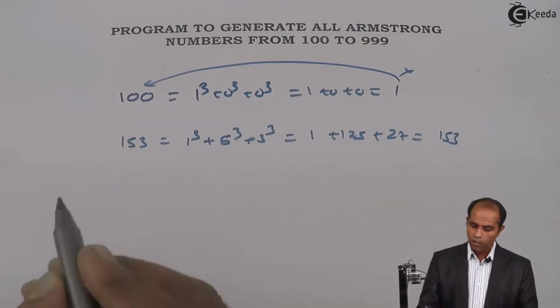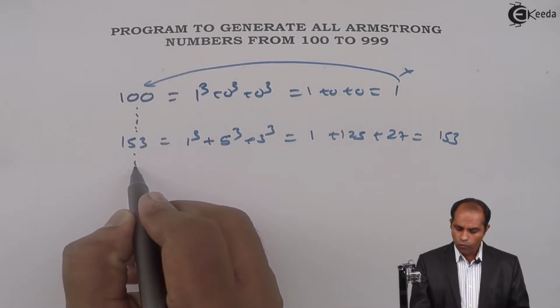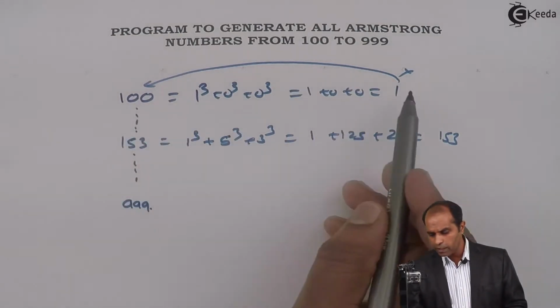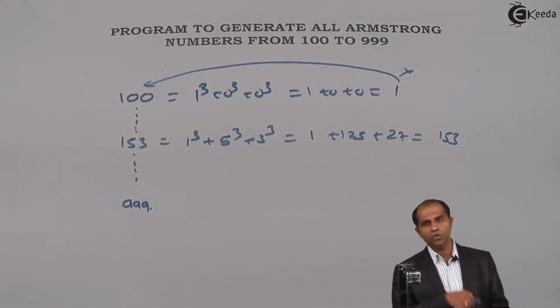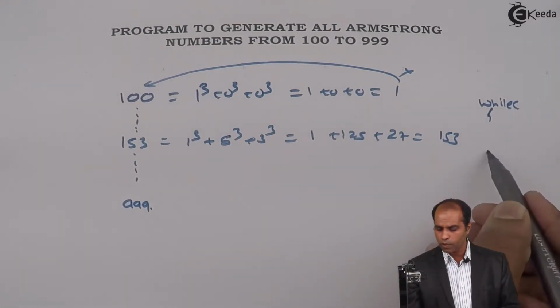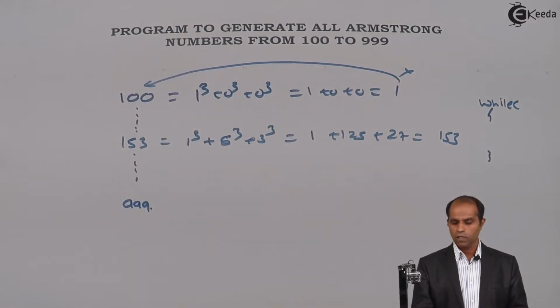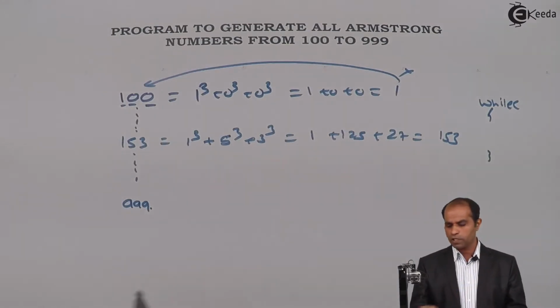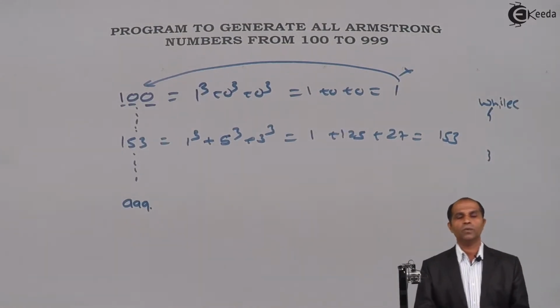I am supposed to now try for all the numbers from 100 till 999. Whenever I find such numbers where the number and the sum of the cubes of the digits match, we have to display that particular number on the screen. We know that a while loop is used to produce these cubes of digits, because here I am supposed to extract these digits. When the extraction process has to be done, it is done with a while loop.